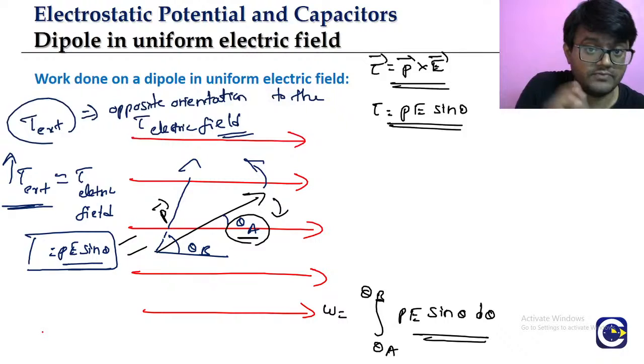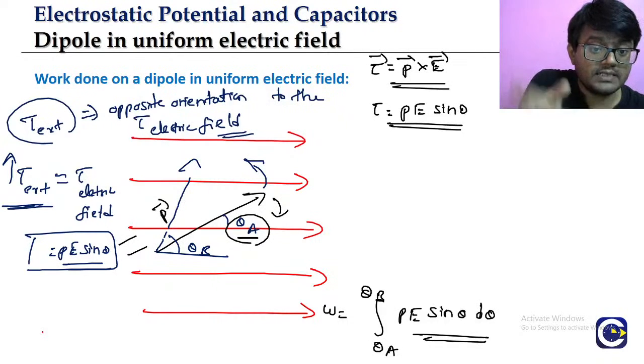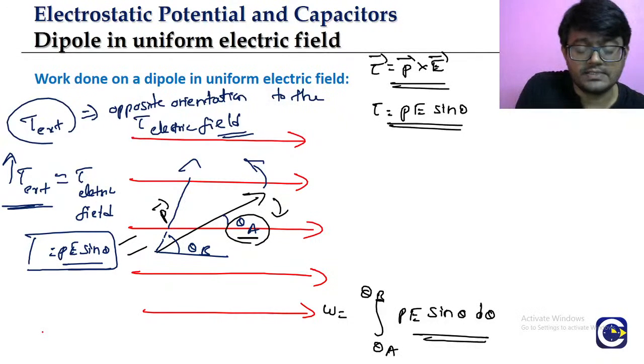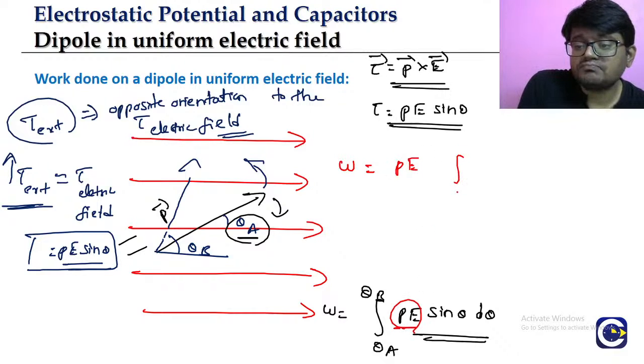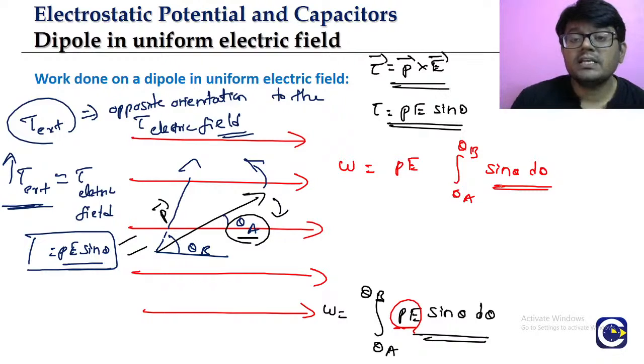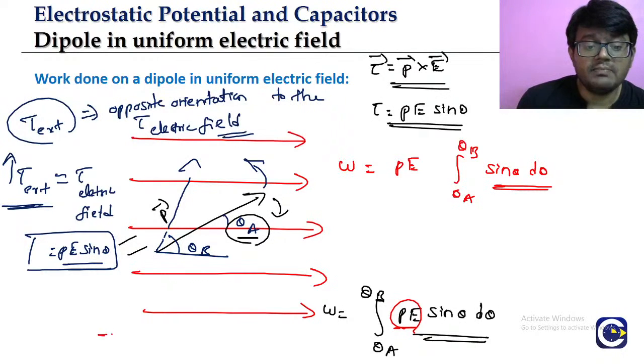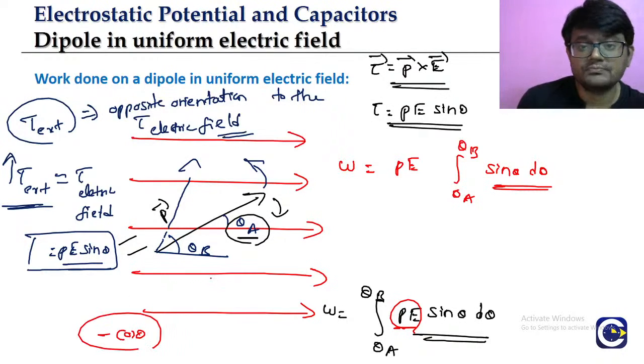We are applying the torque, so what is the work done by the external torque? Here p E is a constant: p E times the integral from theta a to theta b of sin theta d theta. The integral of sin theta d theta is minus cos theta.